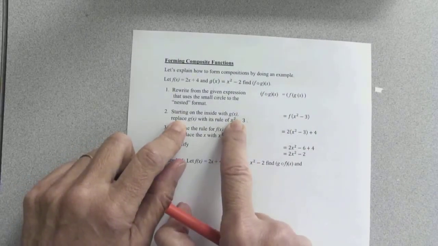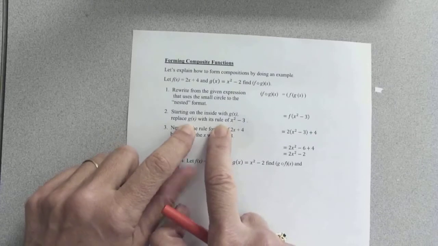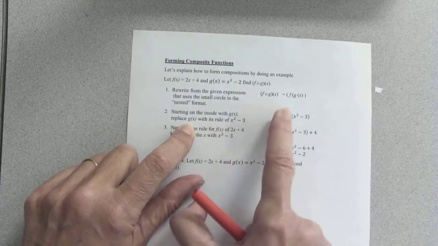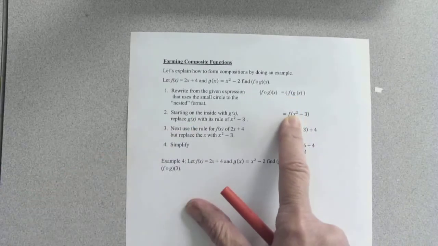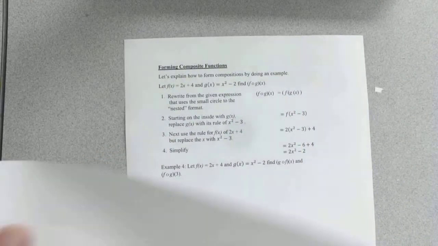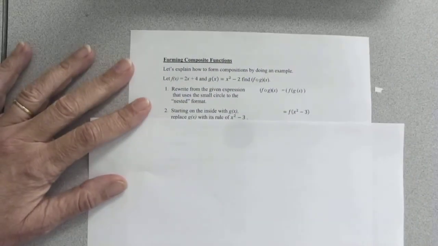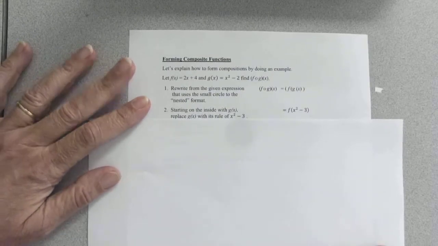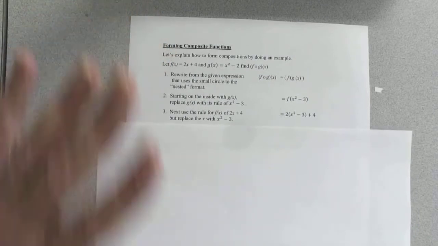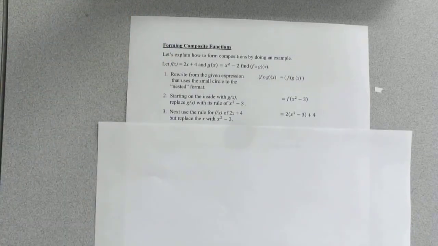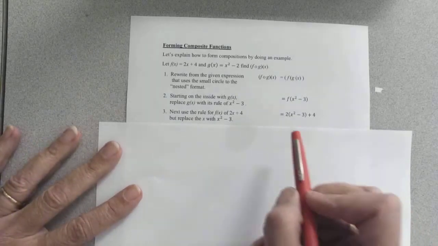Then we're going to start on the inside and replace g of x with its rule, x squared minus 3. So we rewrote it in its nested format. And then all we do is we replace g of x with its formula. Then step 3, next use f's rule of 2x plus 4, but replace the x with x squared minus 3.